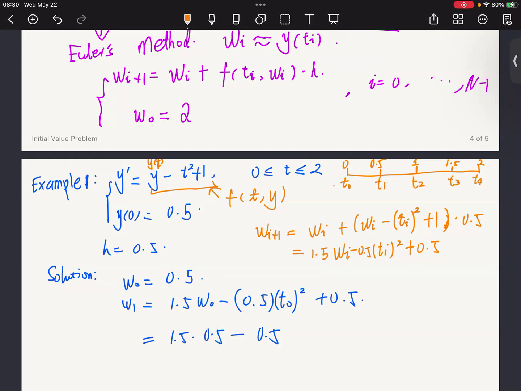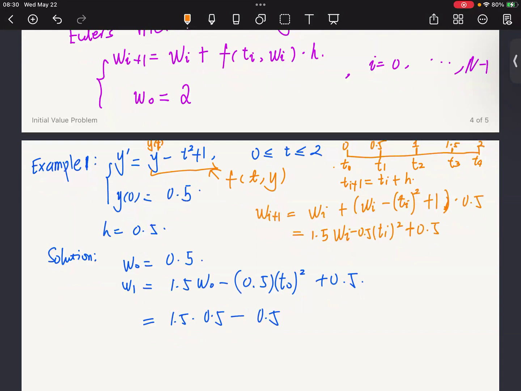And I would like to remind you of the formula for t(i+1). t(i+1) is just ti plus h. Or you can also calculate it another way, as (i+1) times h. So here, t0 is just 0.